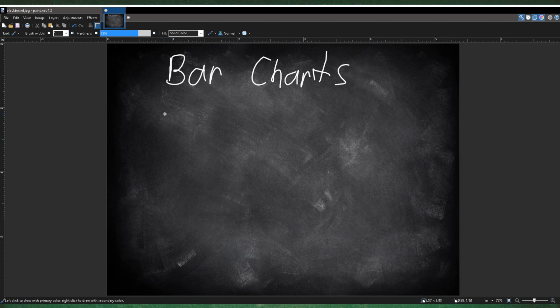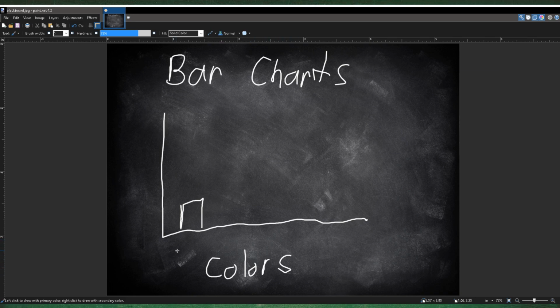I'm pretty sure everyone's familiar with this, but if you don't know, it's basically let's say you have some kind of variable, like colors again, and then people like red, and this one's blue and green, and then you make a scale on the Y for the amounts.